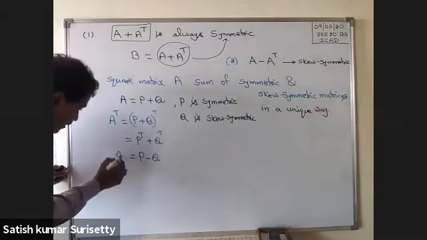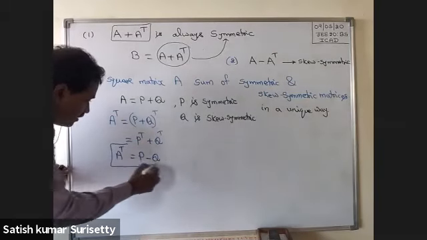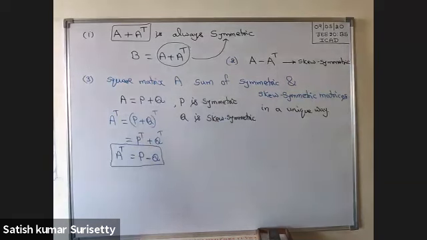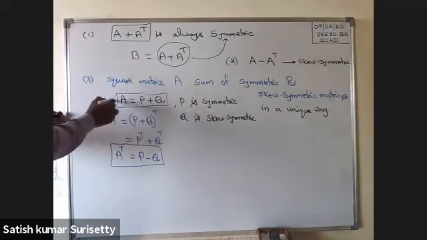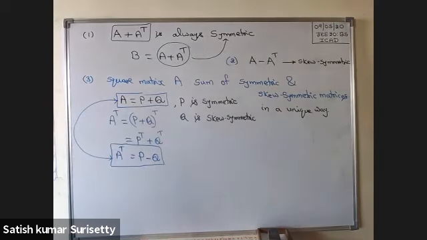That means you now got A transpose equal to P minus Q, and A equal to P plus Q, which you have taken. Now solve these two and calculate P and Q like a system of equations. Solve for P and Q and check what you have written before. Will you get the same or not?